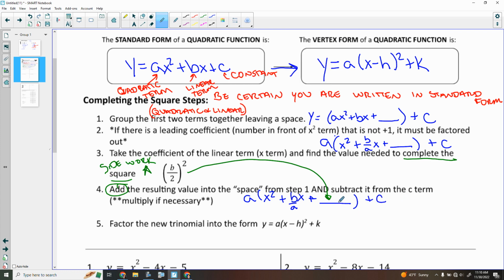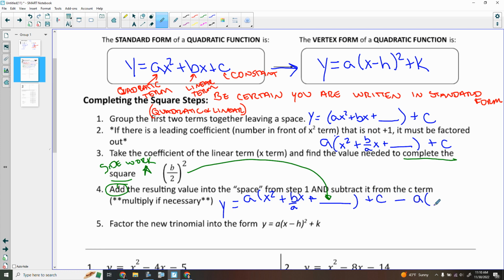And then what happens is, because we added that to the equation, because we added that inside that set of parentheses, we also are going to need to subtract it outside of the parentheses. And so that's what this part is saying, subtract that. And if I had an a term, I actually need to multiply it by that too, because if there was a number out here, it would distribute.